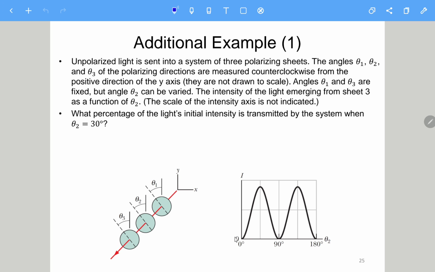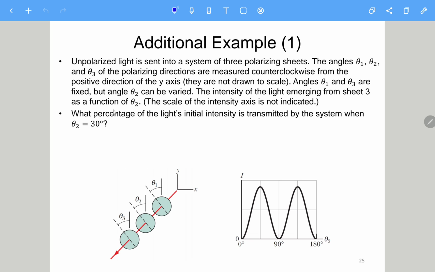It just tells you that as I measure different theta 2 from 0 degrees to 180 degrees, and measure the intensity of the light, the shape is like a shifted negative cosine or a sine square.